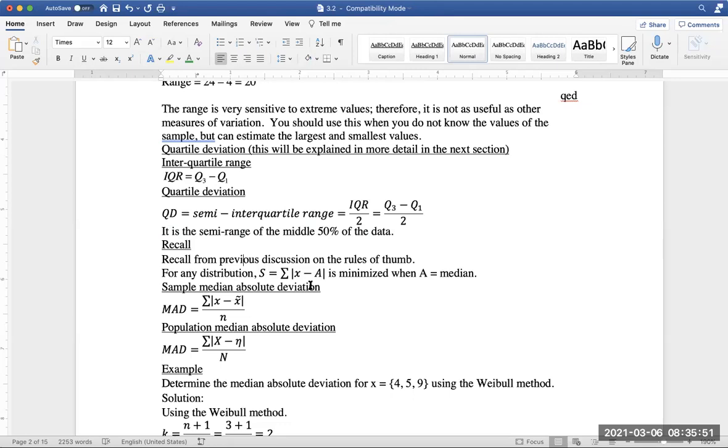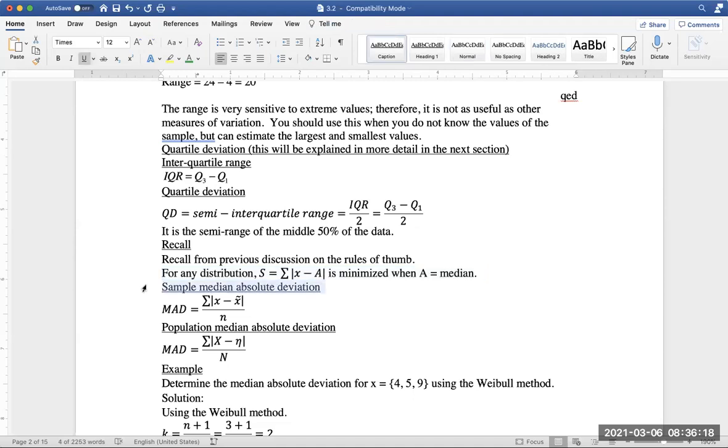So the previous discussion we had on the following rules of thumb. We said that for any distribution, the sum of the absolute deviations from A is minimized when A is the median. So if we want to measure dispersion from a median, then we should use the absolute deviation from the median.